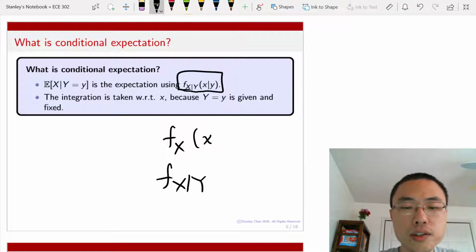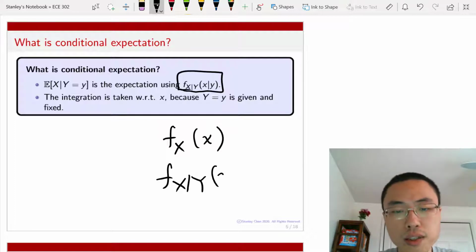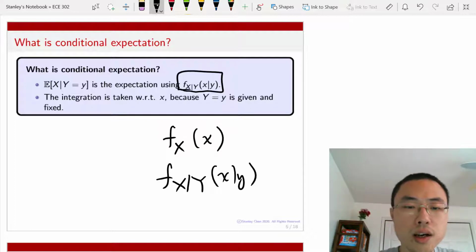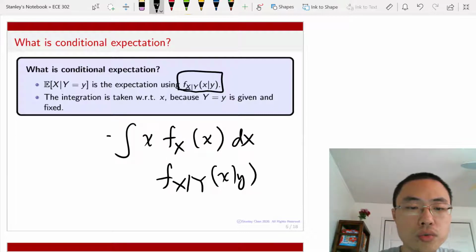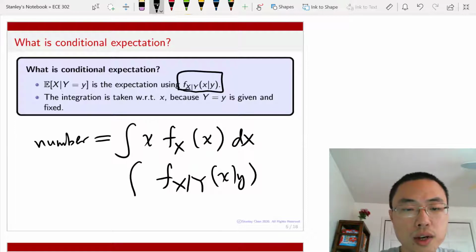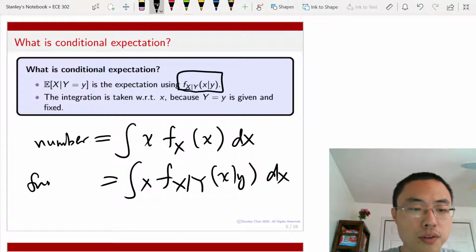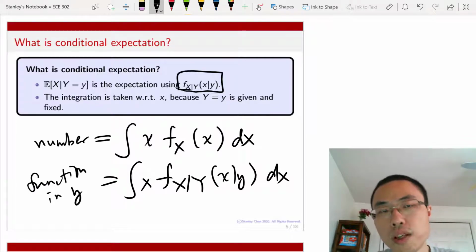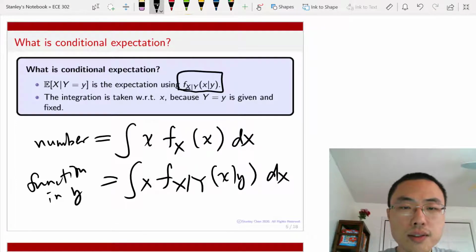Okay, here is the ordinary PDF, and here is the conditional PDF. If you try to integrate this, you will get a number. If you try to integrate this, you will get a function in y. That is still a number, but this number depends on y.